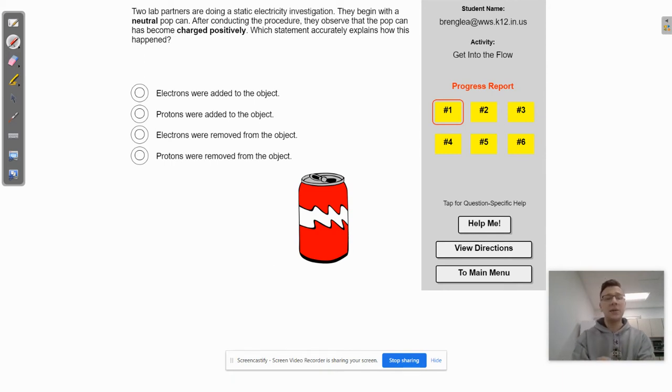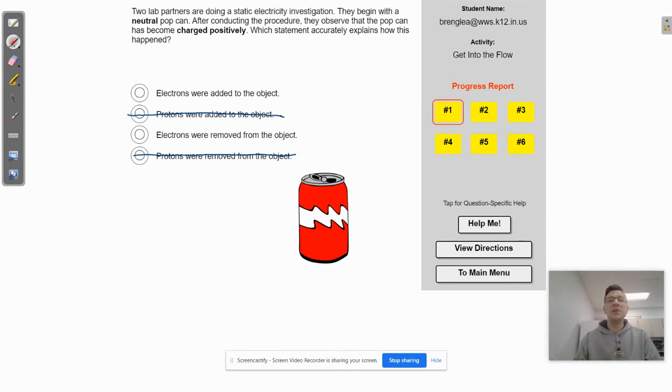So automatically, you can eliminate the two answers that say anything about protons being added to or removed from something, because the protons will not move. The only way this occurs is if electrons are added to the object or removed from the object.